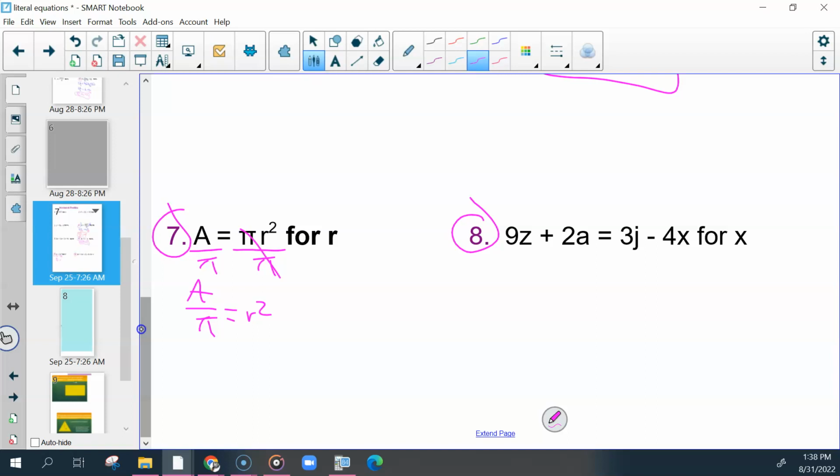How would we get rid of the squared? How do we undo something that's squared?